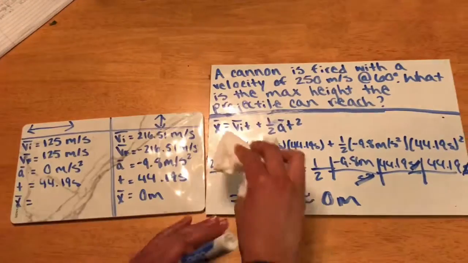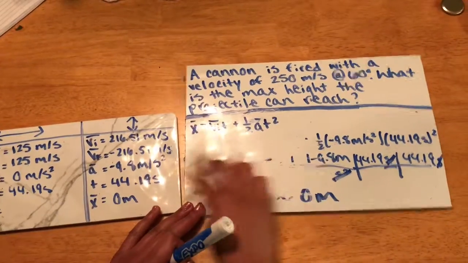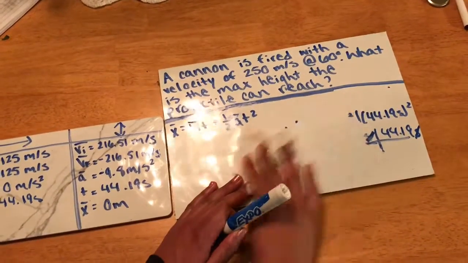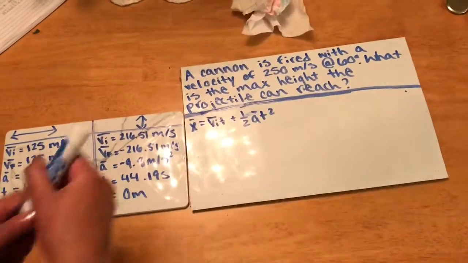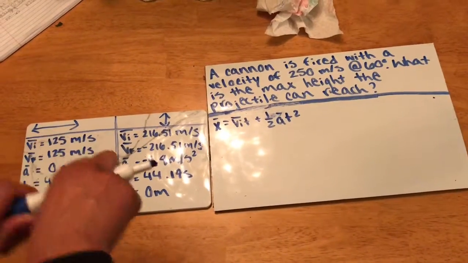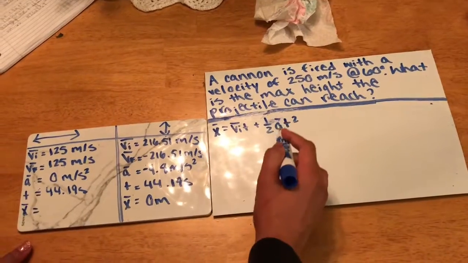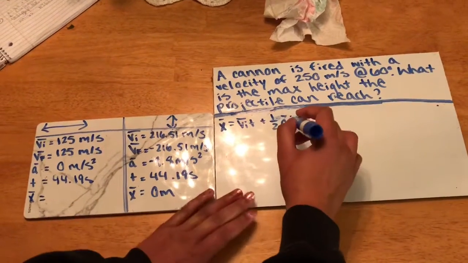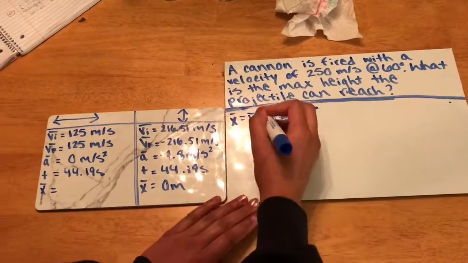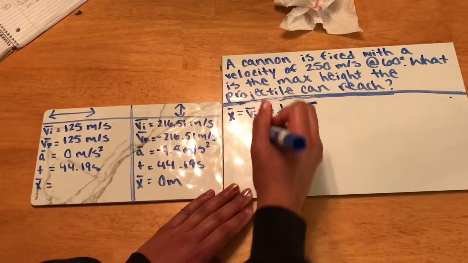And we can repeat the same thing for the horizontal, just substitute in the values from that side. But because here we see that acceleration is 0, anything times 0 cancels out, so this side's not needed. We really just need the initial velocity and the time.